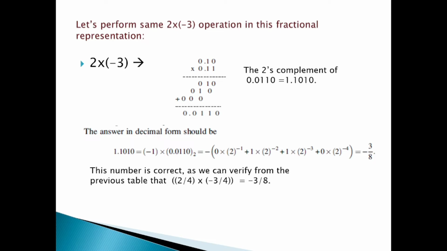We can write 1.1010 as -1 into 0.0110. If we calculate this, we get -3 by 8. From the table, 2 into -3 is equal to 2 by 4 into -3 by 4, which is equal to -3 by 8, the same as the previous result. Hence, overflow is avoided.